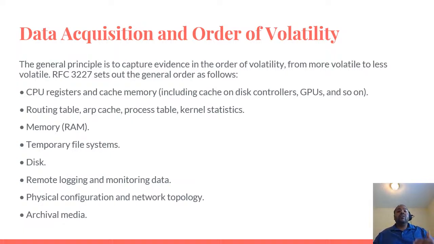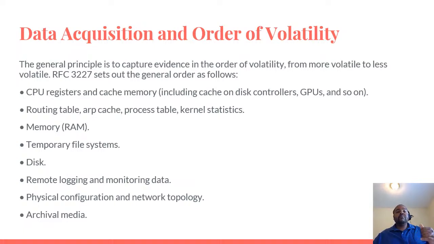Then going on to temporary file systems. Now, once you get into the temporary files in the disk, the memory there stays longer, so it's able to store itself there and take a power outage and still show you that same amount of data the next time it's booted up.